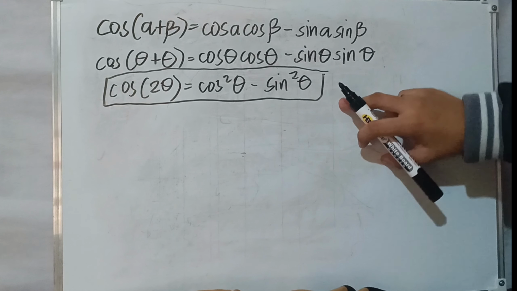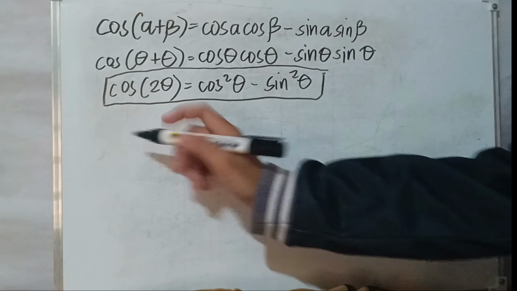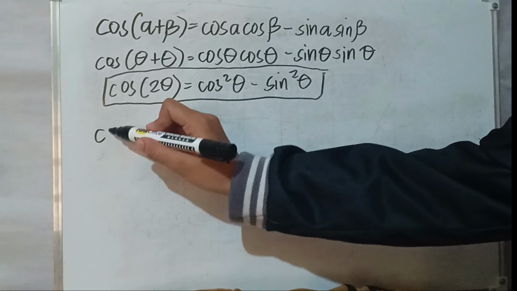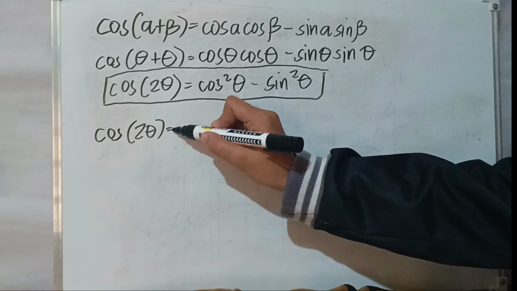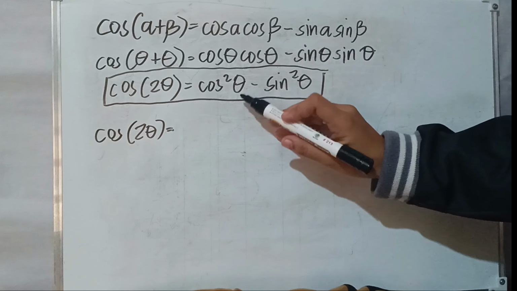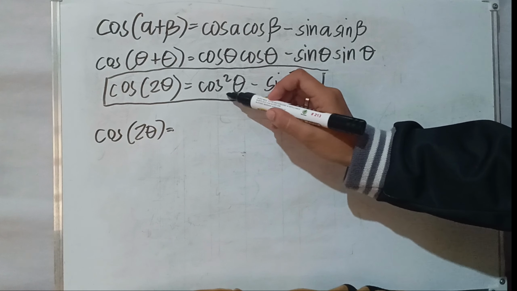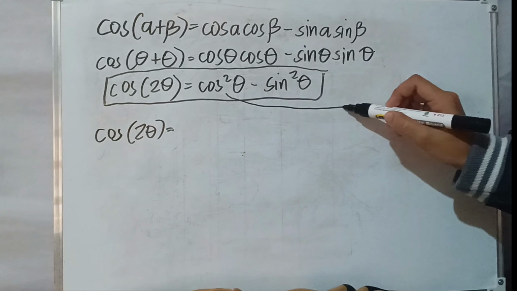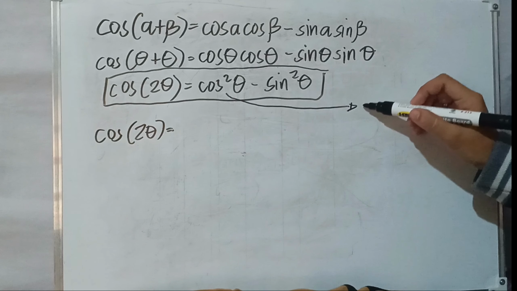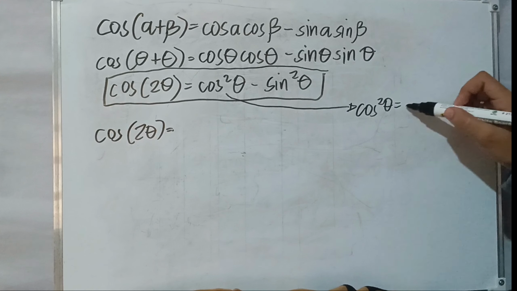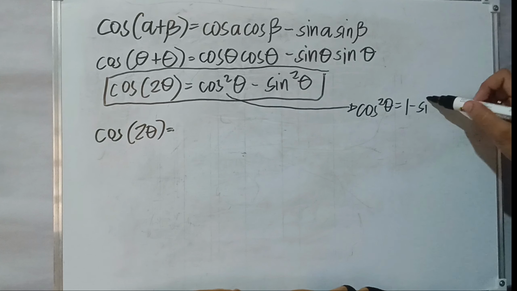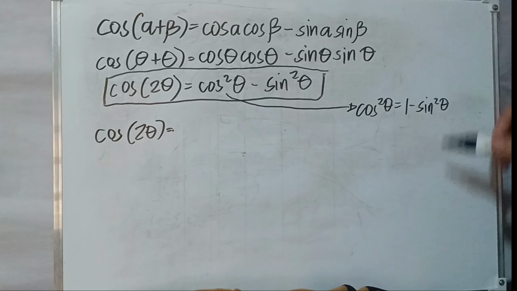We can also rewrite the formula like this. And now, by using the Pythagorean identities, we know that cosine squared theta is equal to 1 minus sine squared theta.